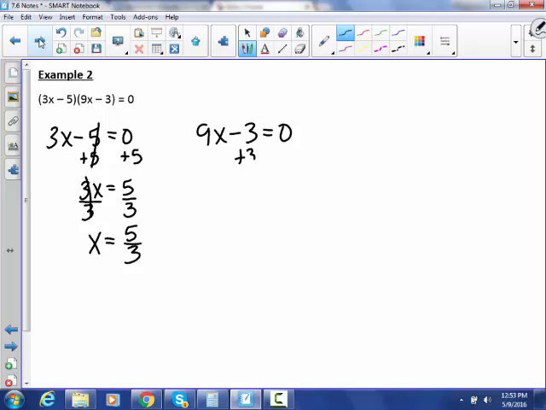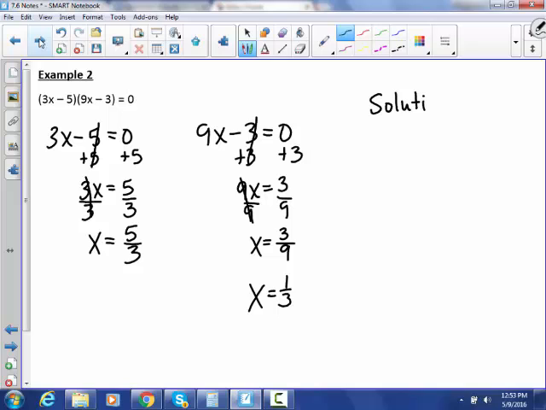This one I would add 3 to both. And then divide by 9. That one is 3/9. Does that one reduce? Yeah. Yeah, to 1/3. So the solutions are 5 over 3 and 1 over 3.